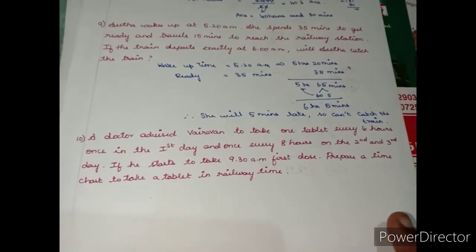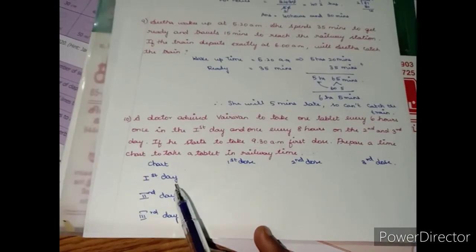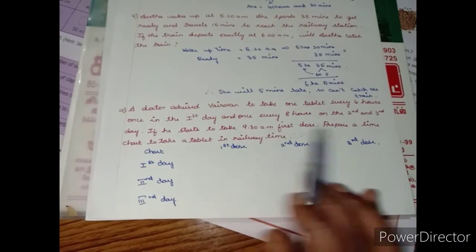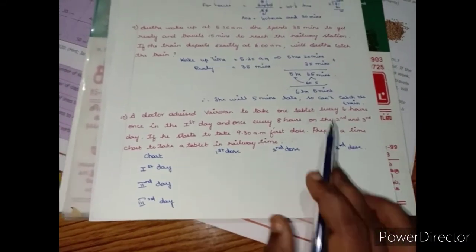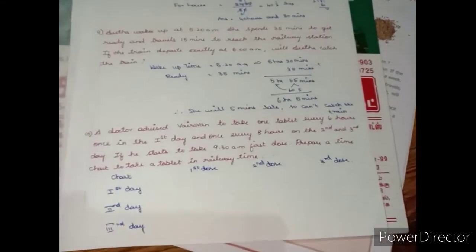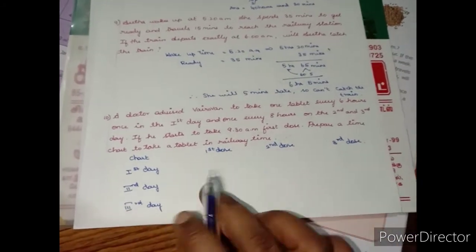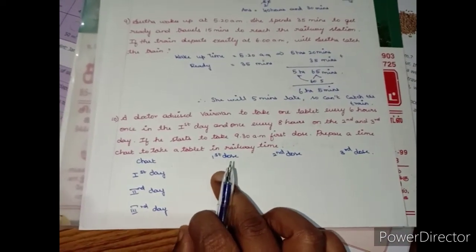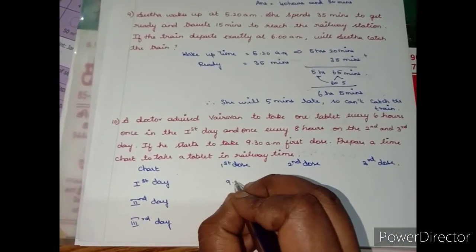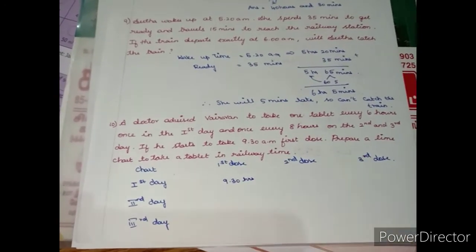So let's prepare a chart for it. See, I have prepared a chart. So chart for first day, second day and third day. So he is starting at 9:30 a.m. in the morning. So we have 6 hours. So for a day, how many hours we have? 24 hours. So maximum we can go for 3 doses per day. So for the first day, he is starting at 9:30 a.m. So the first dose will be at 9:30 hours, because it should be written in railway timing.